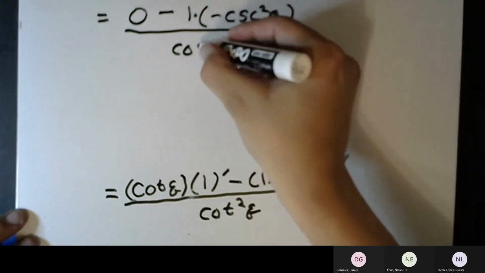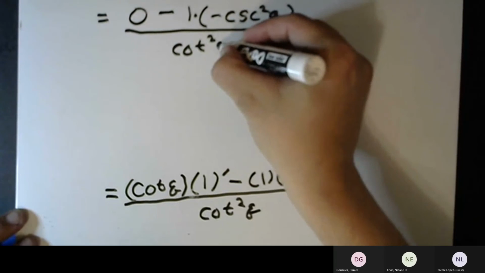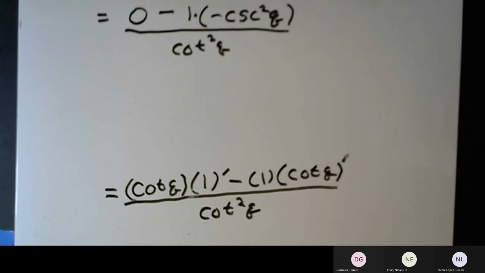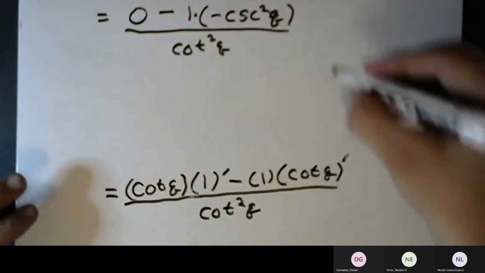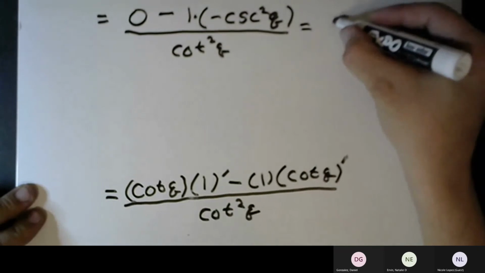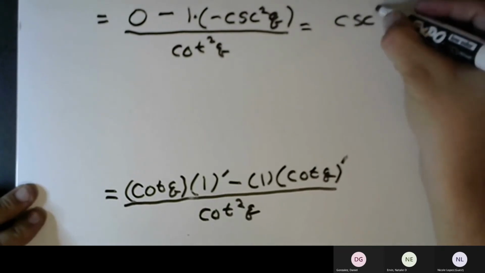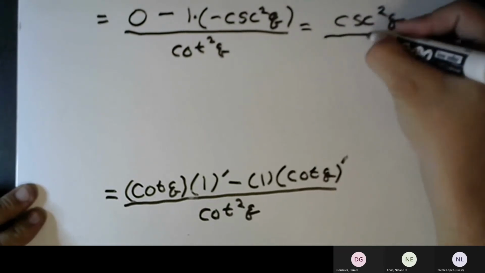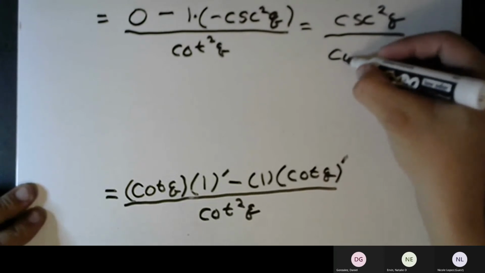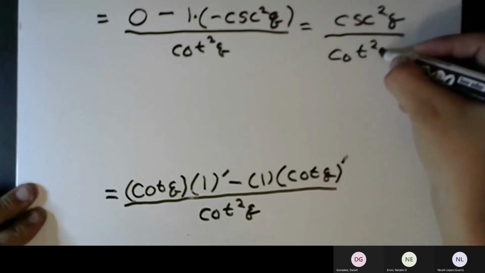Then we have cotangent squared of q. So negative and negative will be positive. So you have a cosecant squared q that's positive over cotangent squared of q.